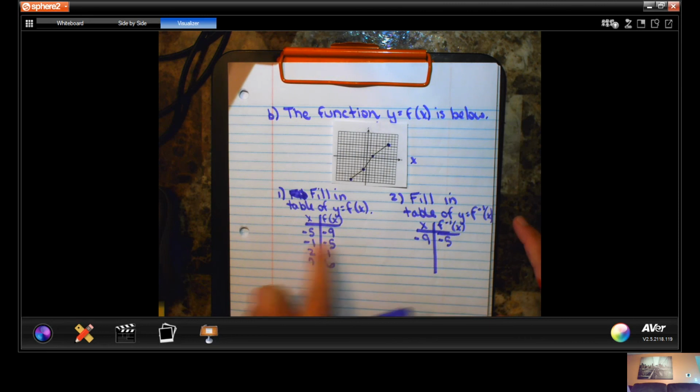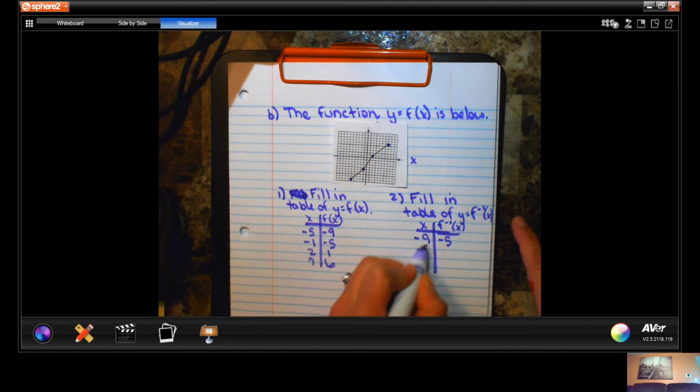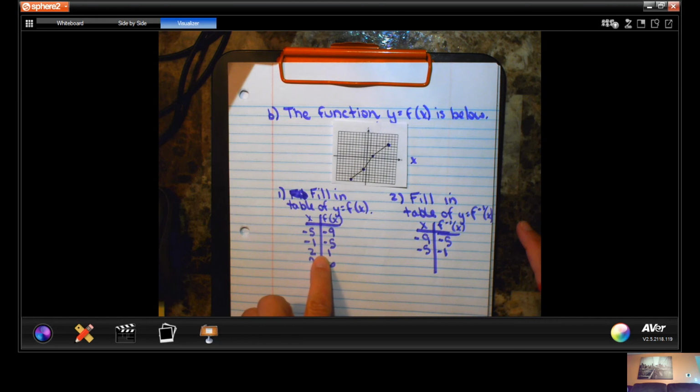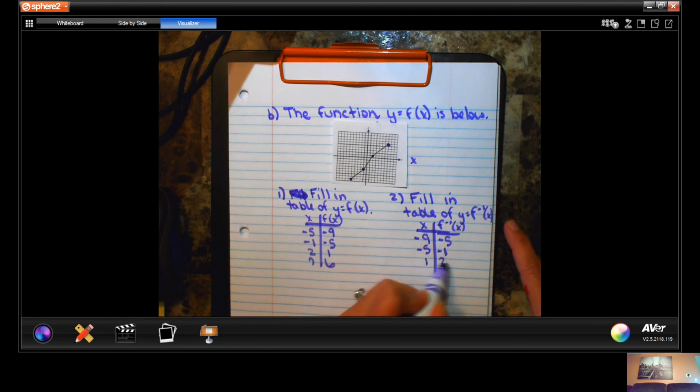All I'm doing is flipping the numbers. If -1, -5 was on the graph, the inverse would have -5, -1. I'm flipping. If 2, 1 is on the graph, what point would be on the inverse? 1, 2. You flip. If 7, 6 was on the original, 6, 7 would be on the new. So there's our new table of points.